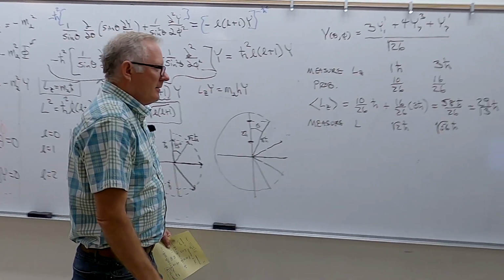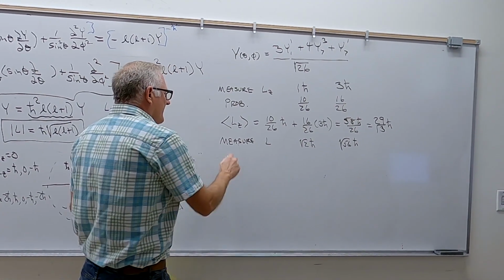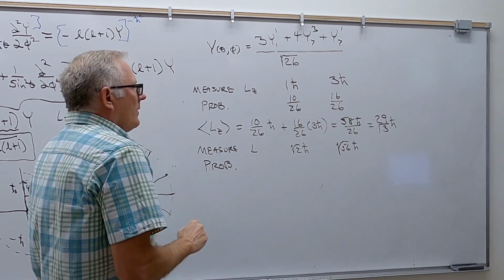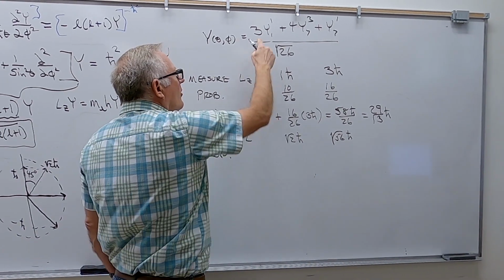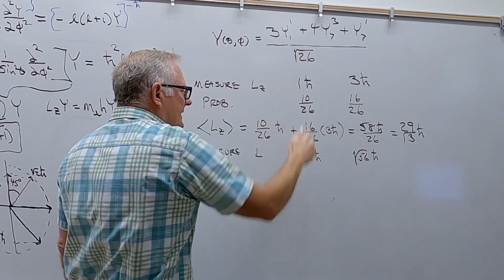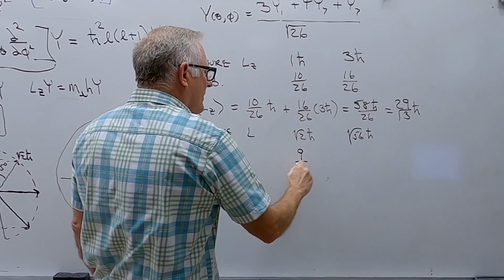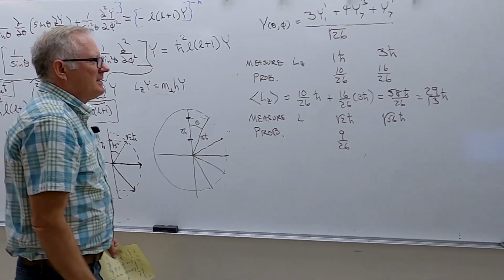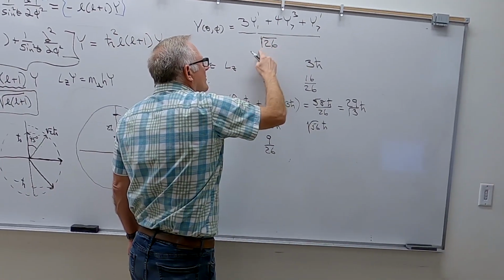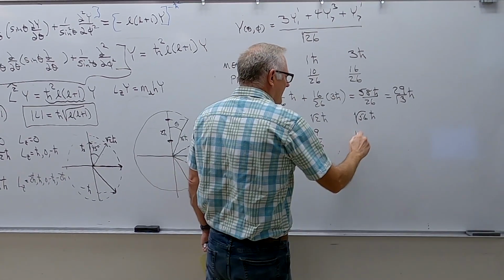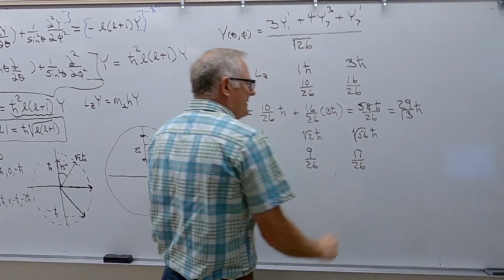Okay, and what are the probabilities? Well, the probability of getting the first is just this guy all by himself, which is 9/26. And the other one must be the rest of it. It's 16/26 and another 1/26, 17/26.